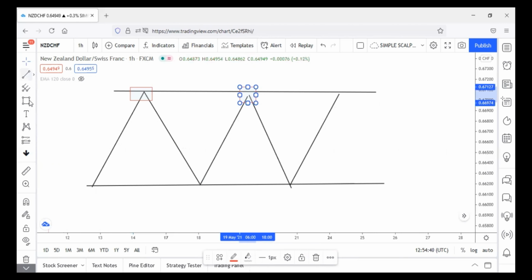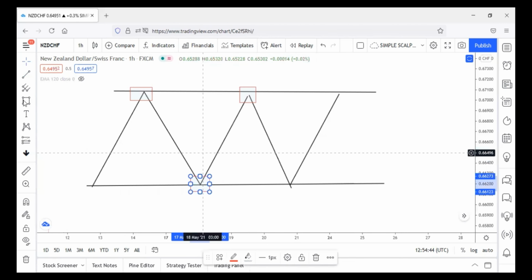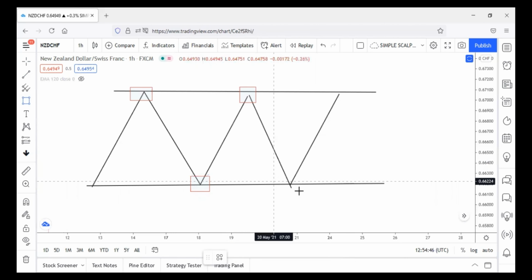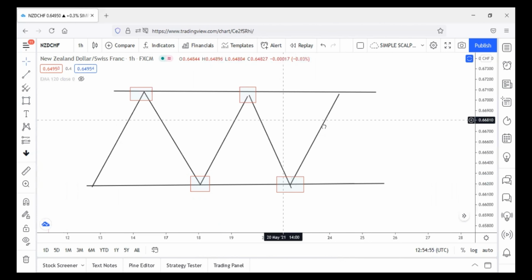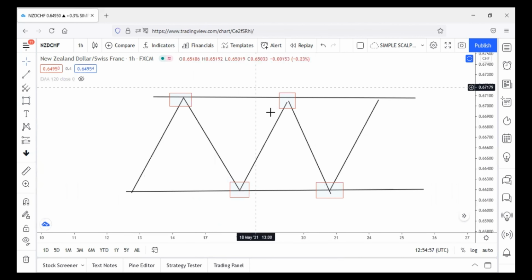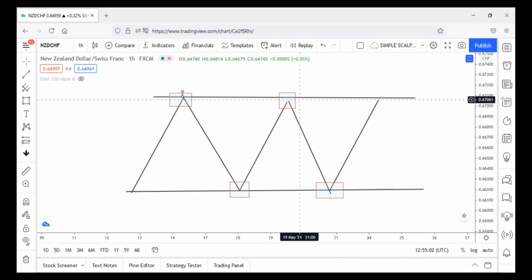And this is also the area where you want to look for your buy entry. And this is another area, having confirmed with your reversal candlestick pattern. But now, guys, I tell you, these touch areas are the key areas where you want to look out for your trade.